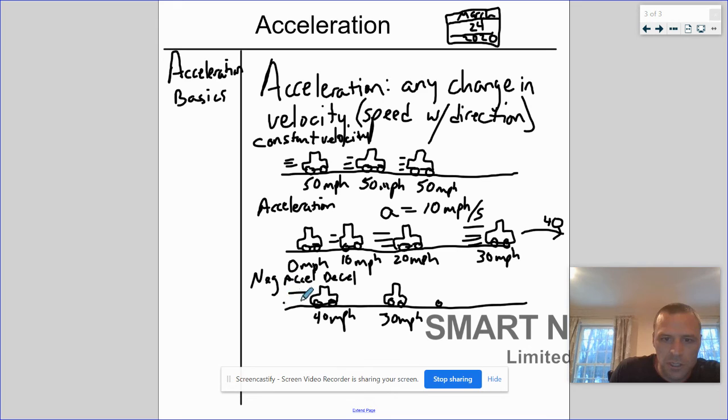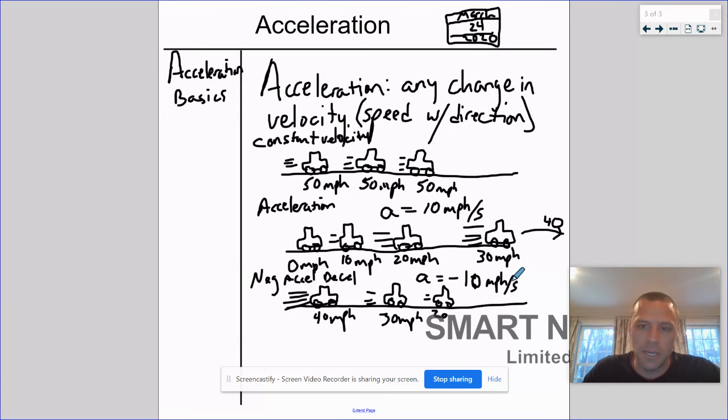And we get some whooshing lines to indicate motion. And then maybe to 20 miles per hour. Here, the acceleration would be negative 10 miles per hour per second. That means it loses 10 miles per hour for every second that goes by. So those are examples of acceleration.